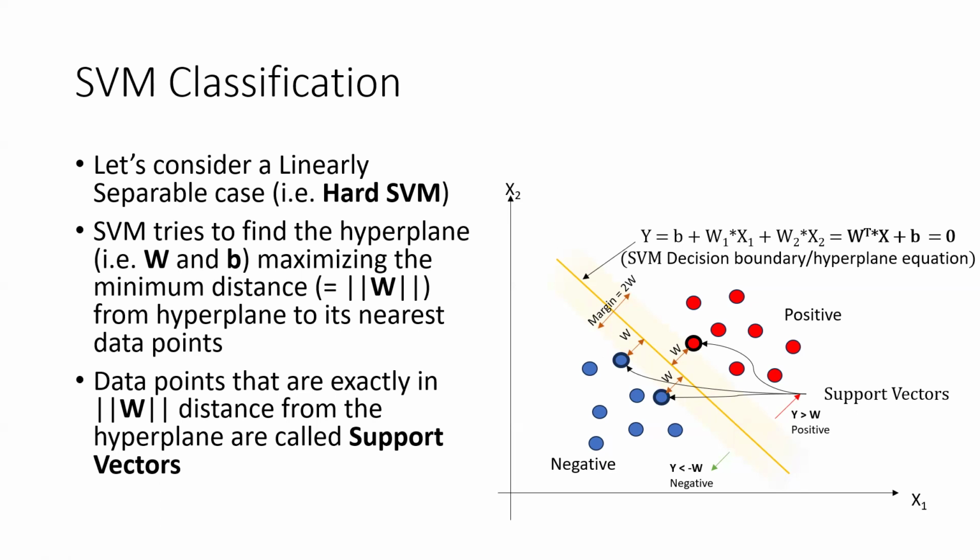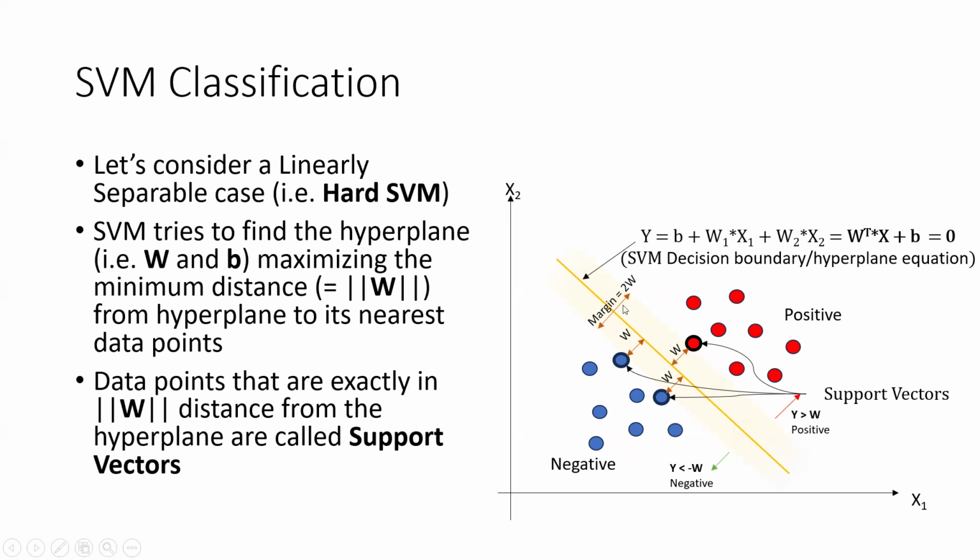So we want to draw this hyperplane so that it is as distant as possible from the closest data point. There are two things we have to think about, in other words: we have to find a hyperplane where these two classes are classified as well as possible.